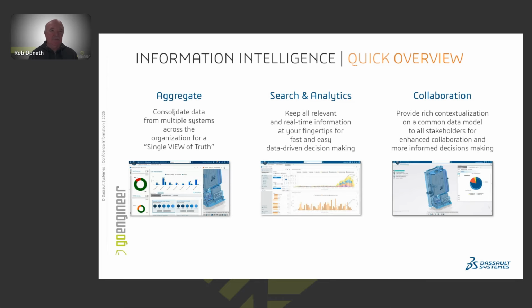And you'll see examples through some of the other videos and demonstrations how we can use this information to collaborate in rich contextual modes to everyone in the organization who might have stake against that data, whether it's CAD in the engineering or manufacturing side, or ERP through supply chain, or aftermarket with warranty and services, et cetera.